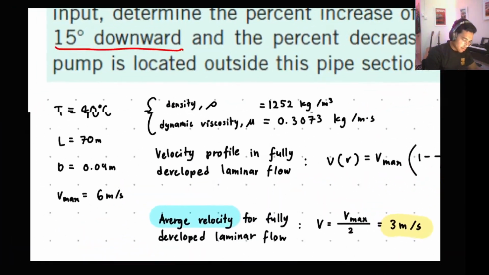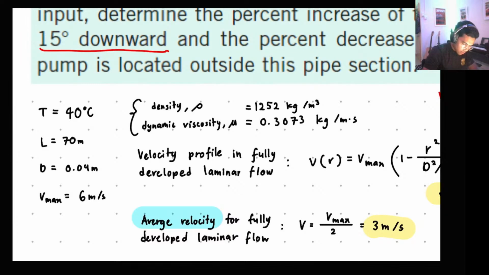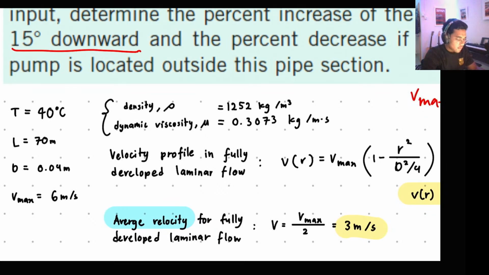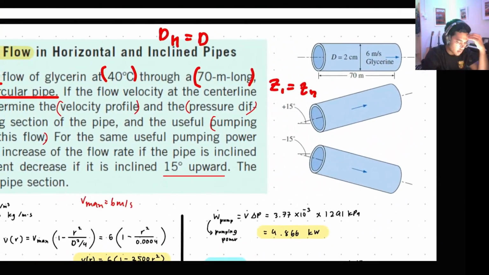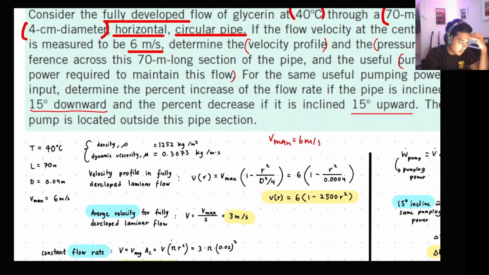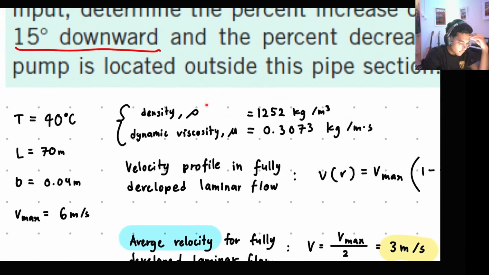Okay. So now we have temperature 40 degrees, length 70 meters, diameter is 0.04, Vmax is 6 meters per second. From this, we assume this is water. Glycerin. So we need to find the density and the dynamic viscosity.